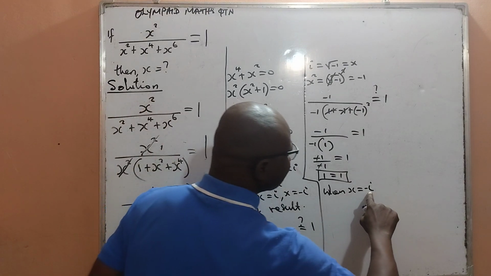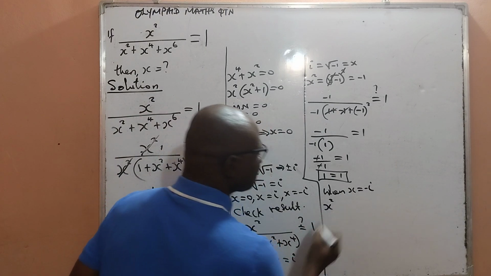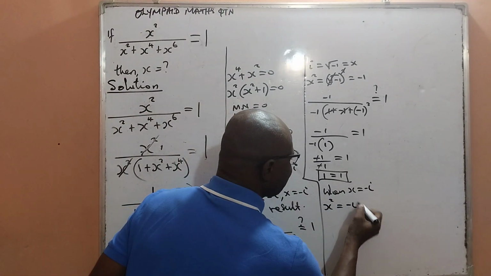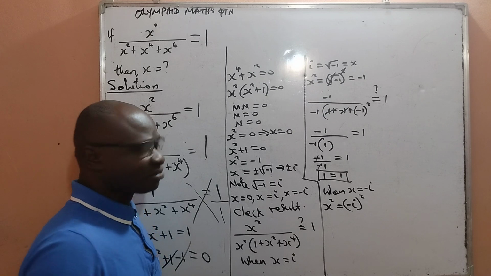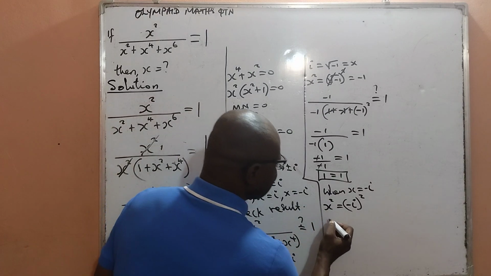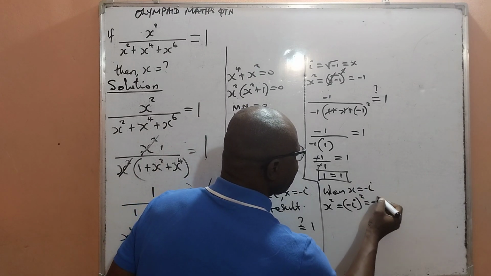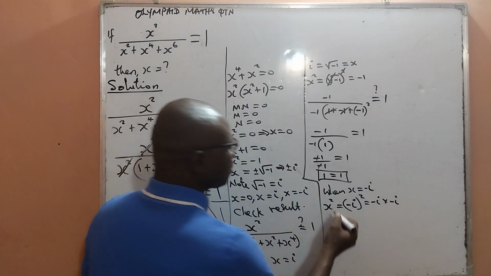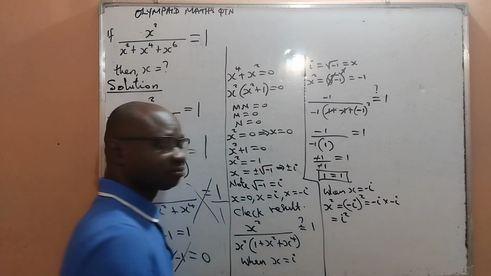So if I have negative I here equal to x, it means that x squared will be equal to -I squared. That is the meaning. But what is the meaning of -I squared? -I squared, which is equal to -I multiplied by -I. And that is going to give us I squared.